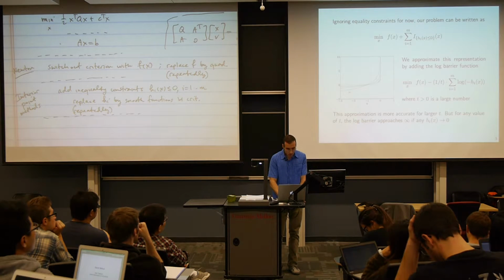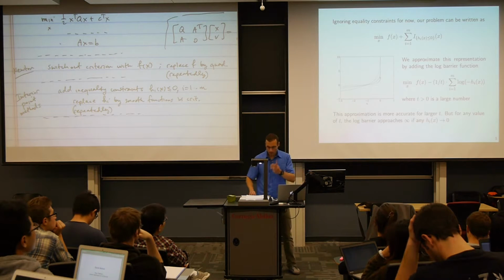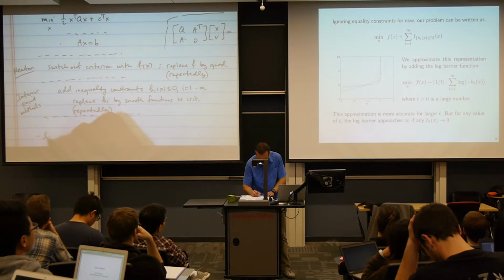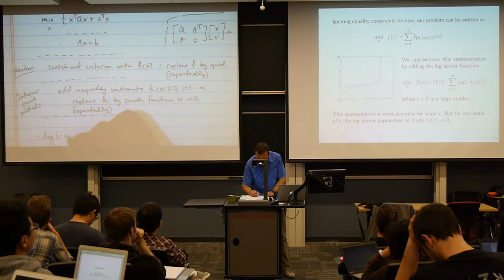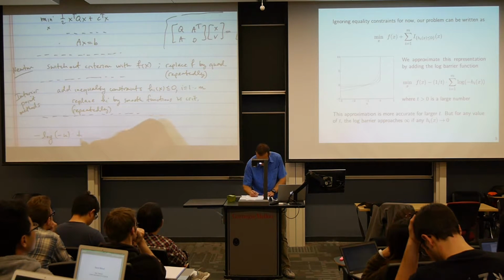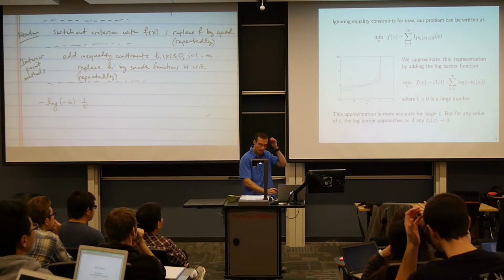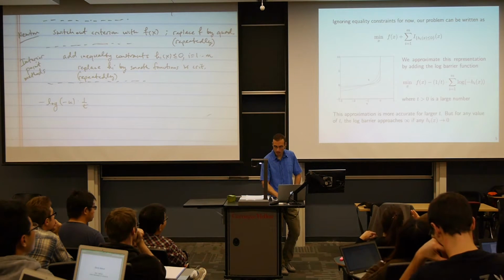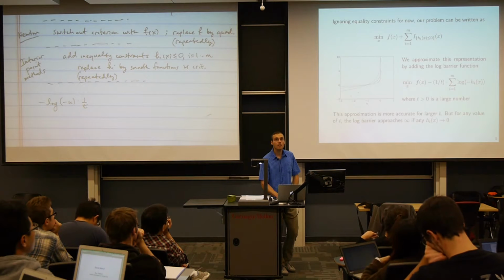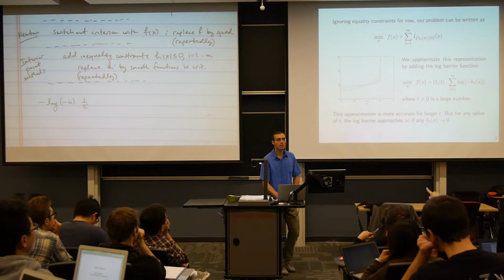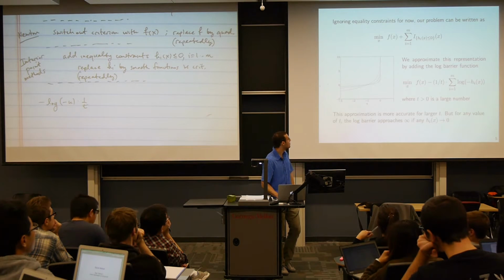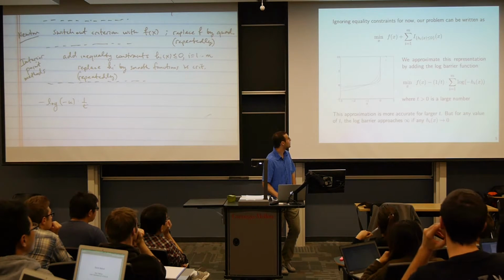What each of these curves represents is one of the family of functions minus 1 over t times log of minus u. And as I make t larger and larger, this smooth log barrier approximates the indicator function. It provides me with a smooth approximation to the indicator function.